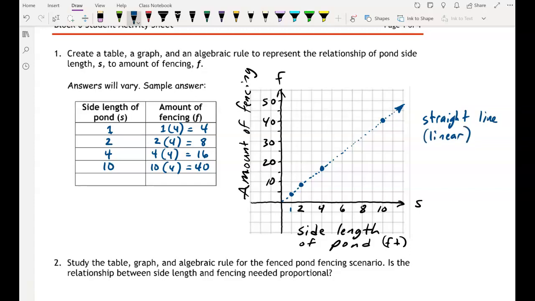And we can see that the line runs all the way down through the origin right there at 0, 0. So it's a straight line through the origin. And what does that tell us about the relationship then between the amount of fencing and the side length of the pond? That relationship is proportional.